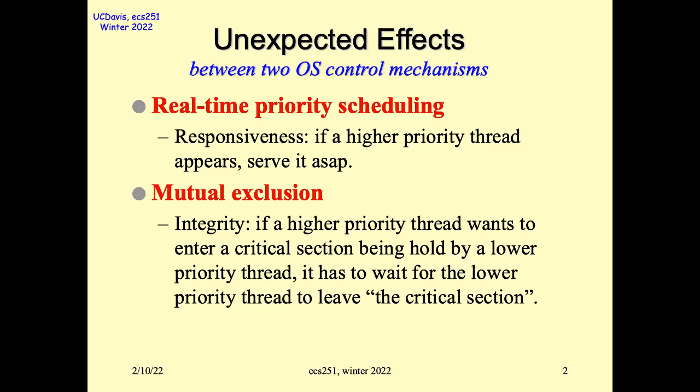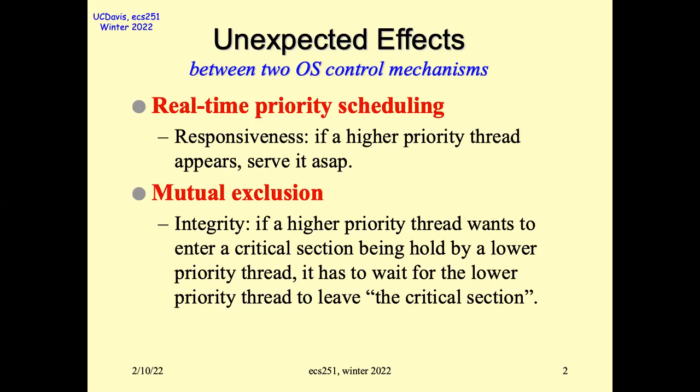Therefore, for any real-time system, we need to settle on something we call priority. We need to assign priority to each of the tasks, or sometimes each of the threads, so they are executed according to their deadline requirements, for example. That's called real-time scheduling, or sometimes priority-based real-time scheduling.